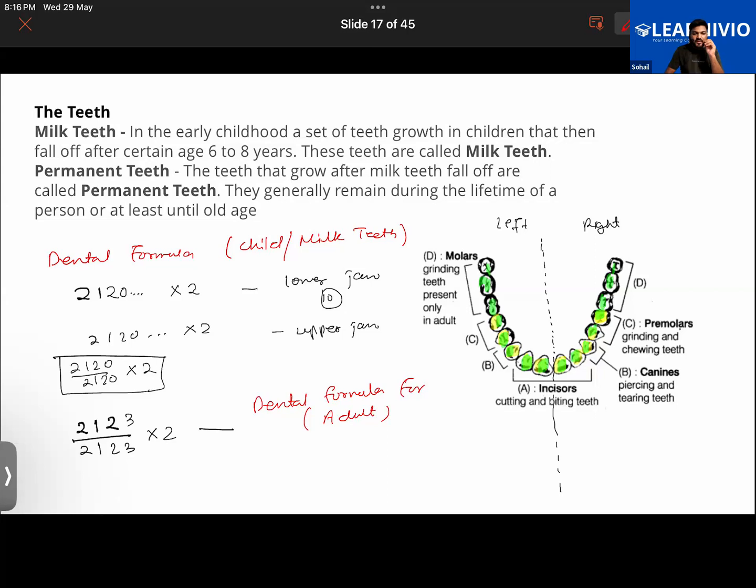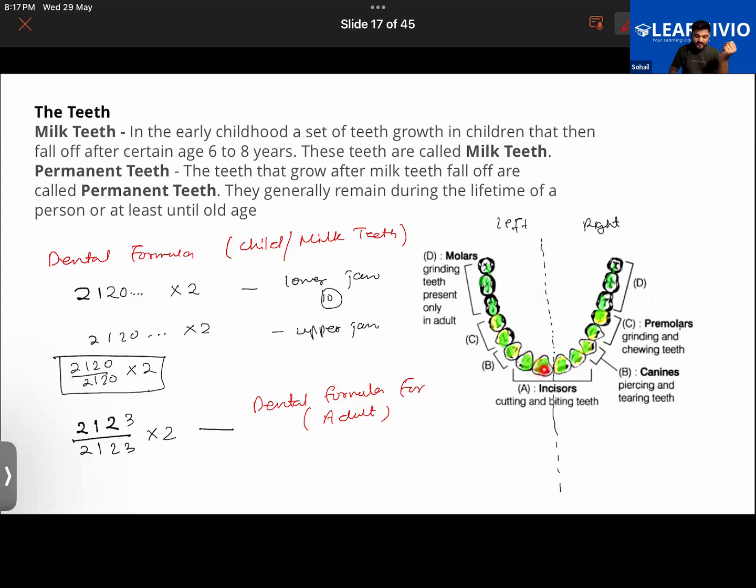See, what we learned about this dental formula is that we humans, when we are children, we have milk teeth. So as a child, we lack the molar teeth, right? So this 3 will be eliminated over here. In place of 3, we have written 0. Also, we have divided our jaw into left and right parts.